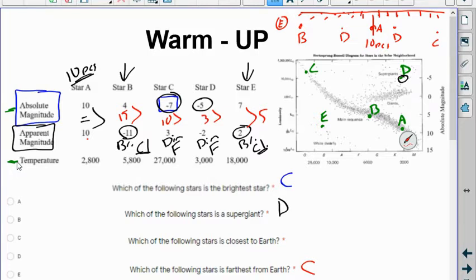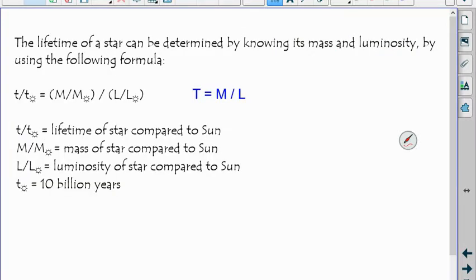Okay. So coming over here, I want to go over this again really quickly. You will be given this formula, and I will probably also write it simplified like this.